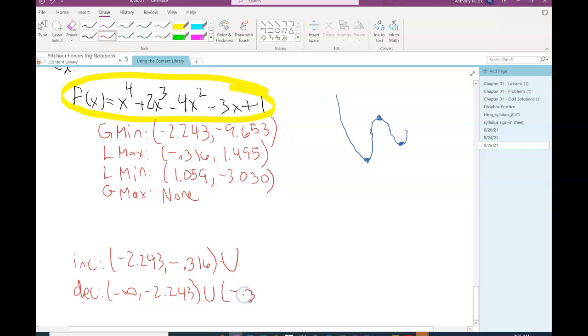So the local maximum's x-coordinate to the local minimum's x-coordinate. And then from the local minimum, there's nothing after, so it just must continue going forever in that direction. So that last section is increasing. So from the local minimum's x-coordinate to positive infinity. That was supposed to be an infinity.